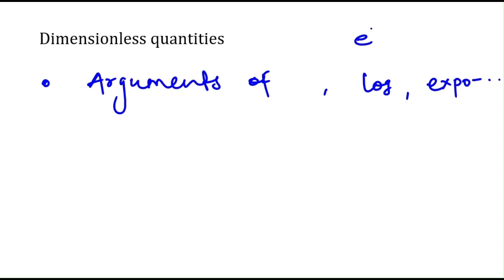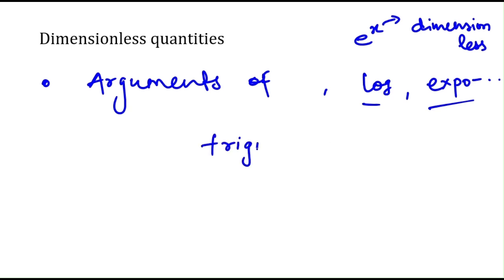It is e to the power something, let's say x. So this argument x should be dimensionless. In the same way, we have logarithmic function. Exponential function is here. And of course, arguments of trigonometric functions. These are dimensionless quantities.